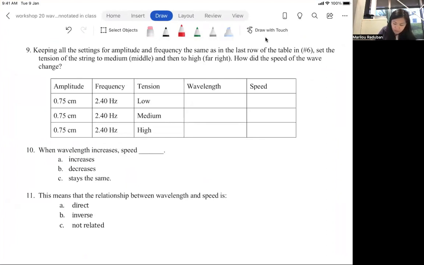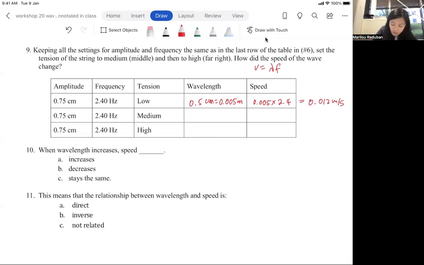For the first one, you should get a wavelength of about 0.5 centimeters or 0.005 meters. Again, speed is equal to wavelength times frequency, so multiplying 0.005 times 2.4 should give you a speed of 0.012 meters per second.